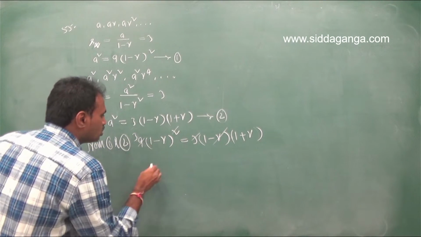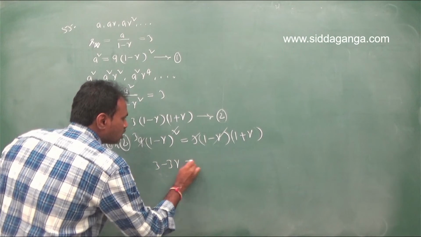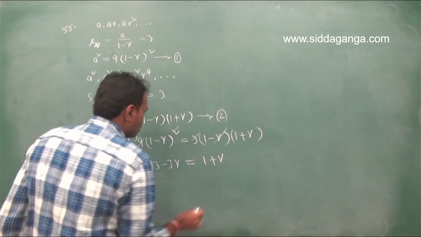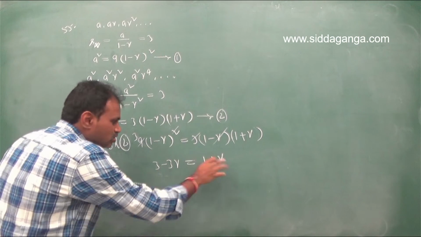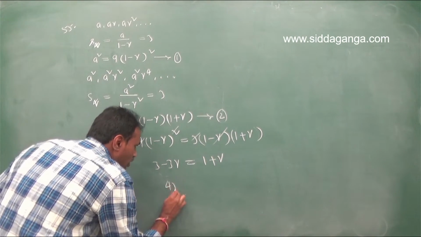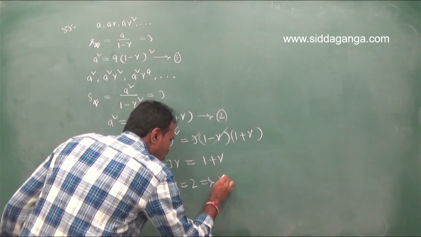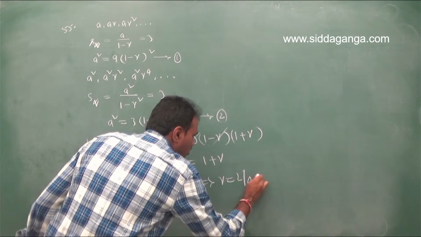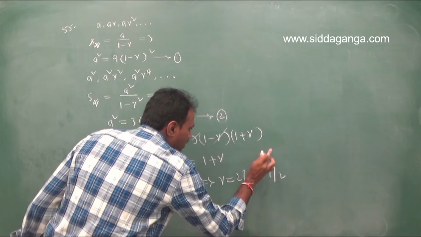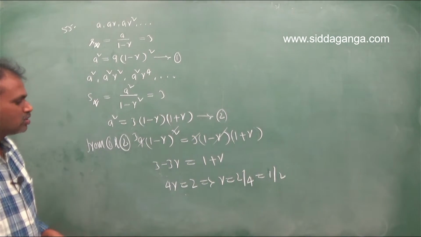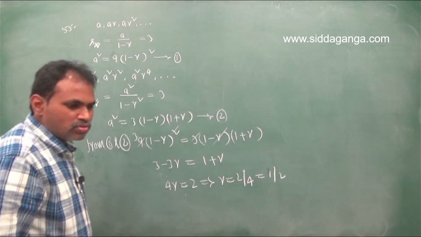Therefore, 3 into 1 minus R, that is 3 minus 3R, is equal to 1 plus R. Therefore, moving minus 3R to the right side, 4R equal to 3 minus 1, which is 2, so R equal to 2 by 4, which is 1 by 2. The R value is 1 by 2.